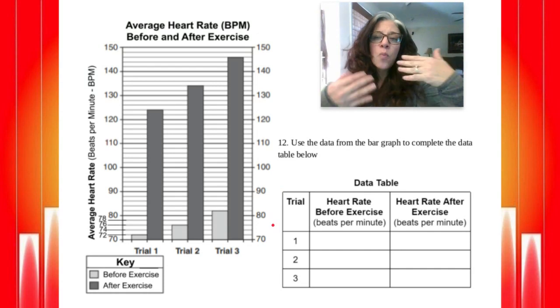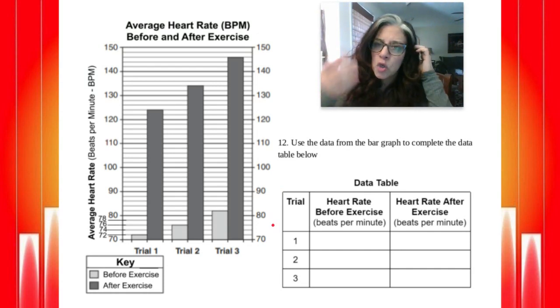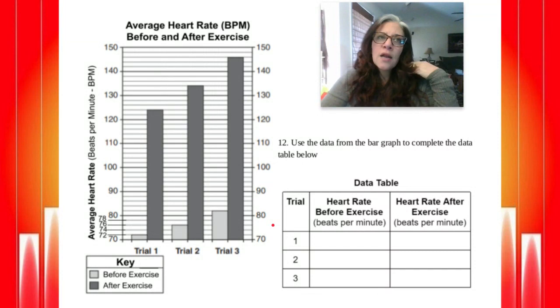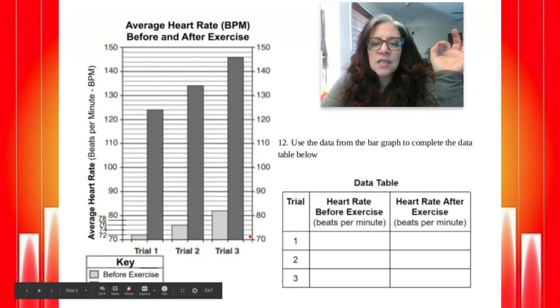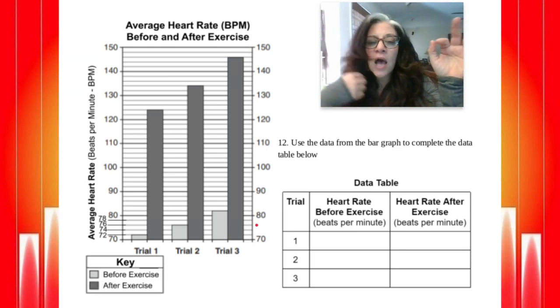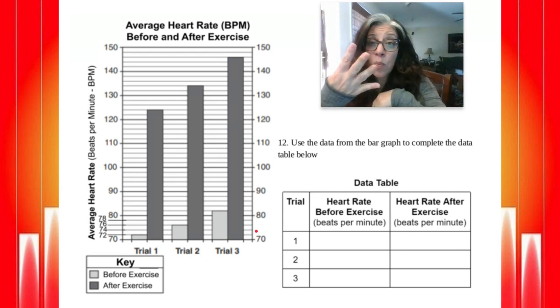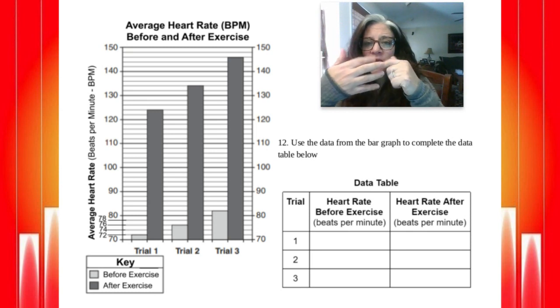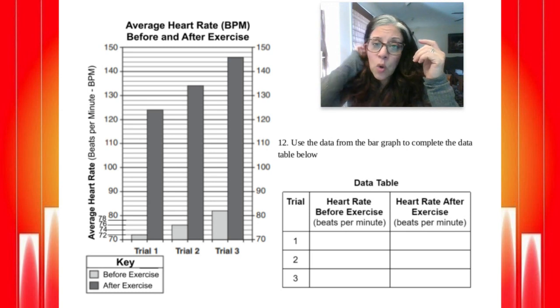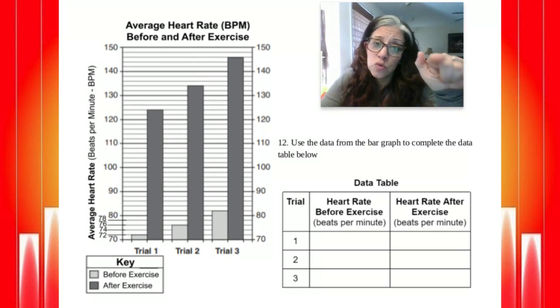And if I look more closely, which I should do because I am a scientist and I'm all about precision and noticing details, I see that each section is broken up into 5 equal sized sections, right? And I know if this is 10 and it's divided into 5 equal parts, that each part is worth 2. 70, 72, 74, 76, 78, and 80. So I know now that I should be counting by 2s.